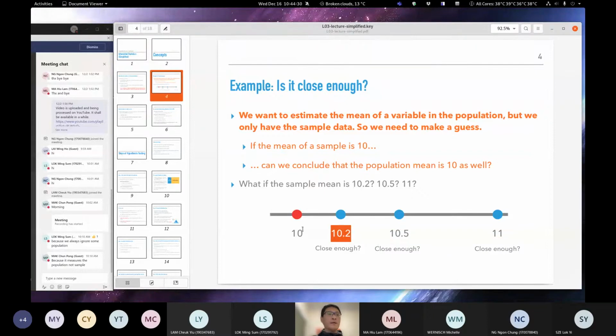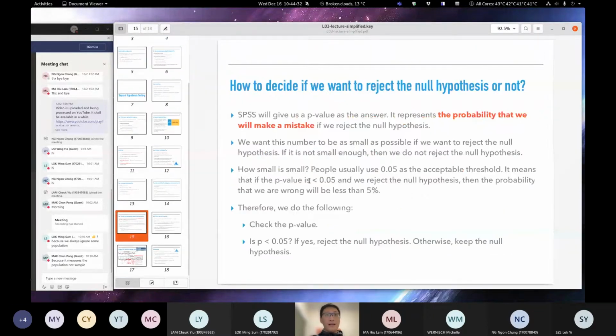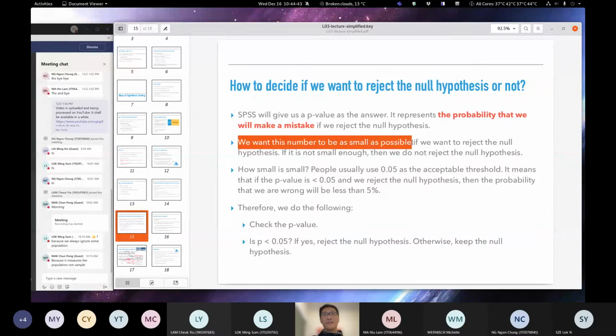Okay, so that's why we need to consider how large the p-value is. We want this p-value to be as small as possible if we want to reject the null hypothesis. Of course, when we want to do something, and I tell you that there is a probability that you are wrong when you do this, of course, I want this probability to be as small as possible.